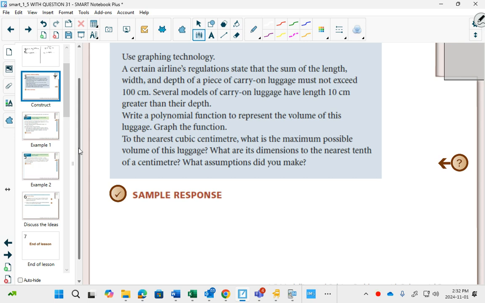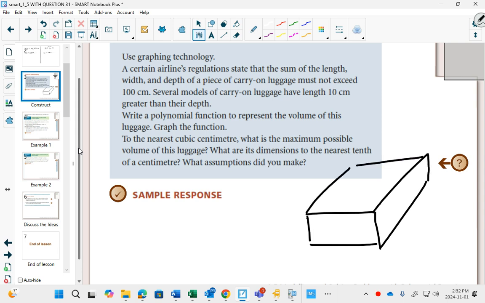So if you drew a suitcase, and we're going to make an assumption here, what assumptions did you make? That your suitcase is basically a rectangular prism. And they say that the width, the depth, and the length altogether can't be more than 100.